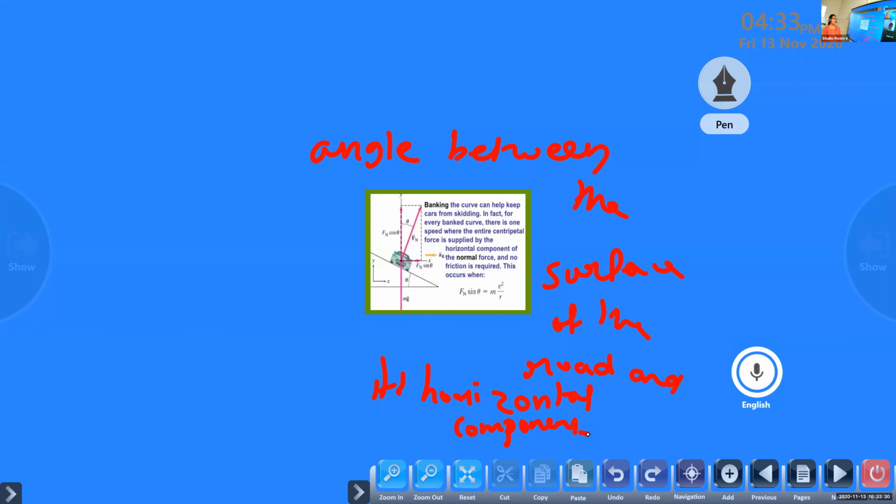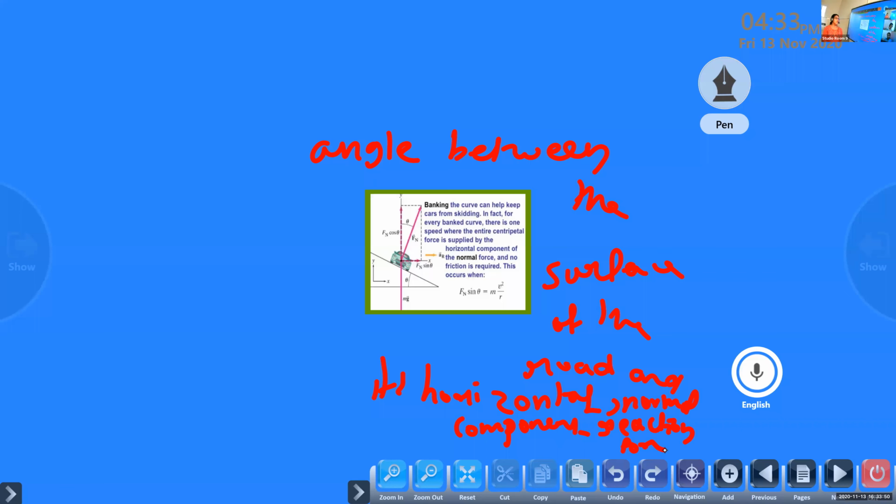Okay, horizontal component of the force, actually, which is the force we act here, the normal reaction force, because already we have said that the normal reaction force is directly proportional to the frictional force. Why? Because it is the centripetal force which is acting as the frictional force.